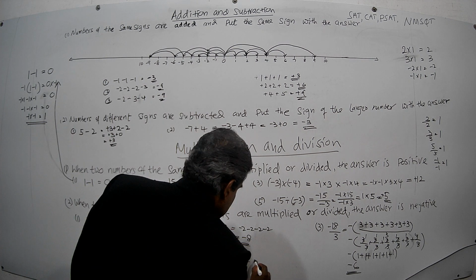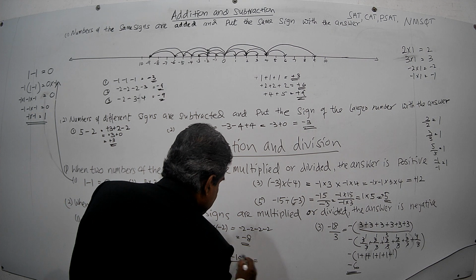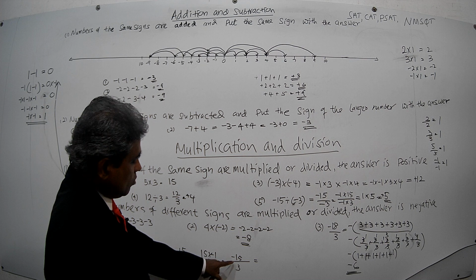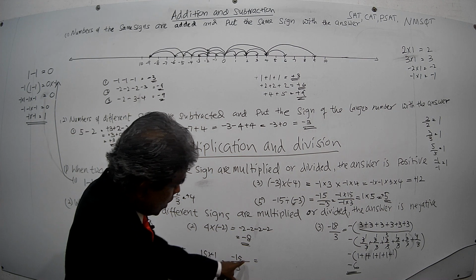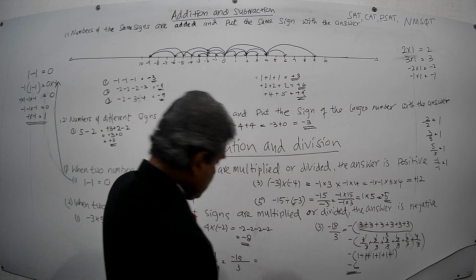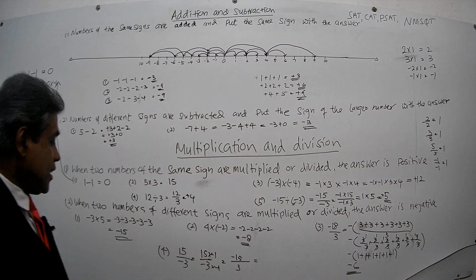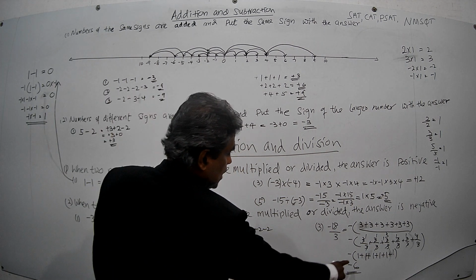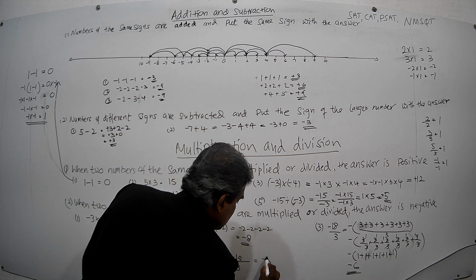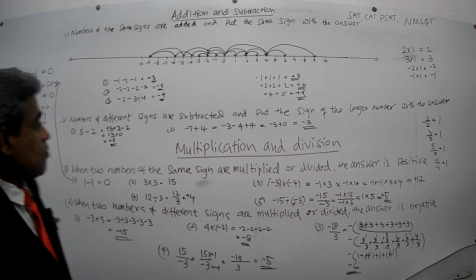Then minus 15 divided by 3: apply this part again. Since minus 18 divided by 3 is minus 6, minus 15 divided by 3 must be minus 5, because we have proved that. No need to prove it again.